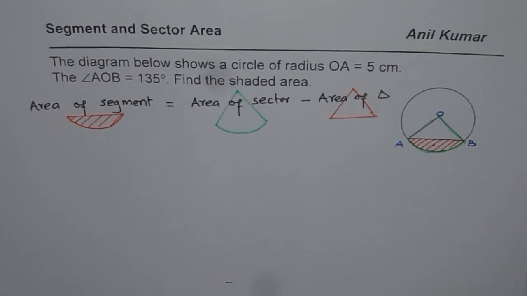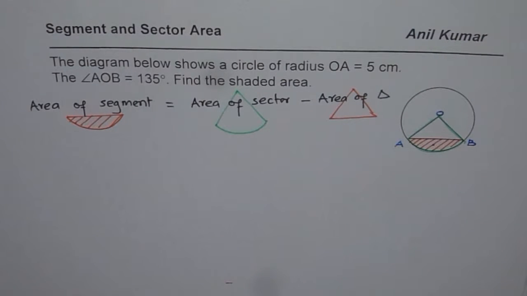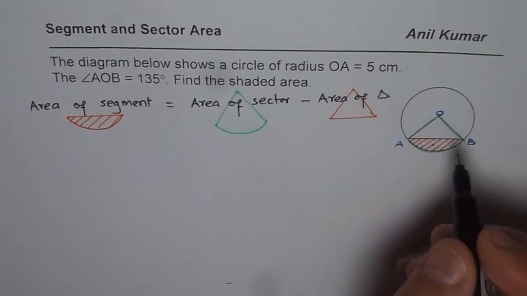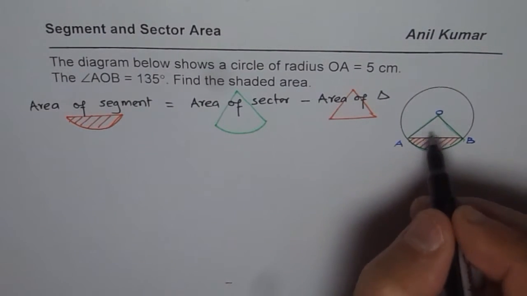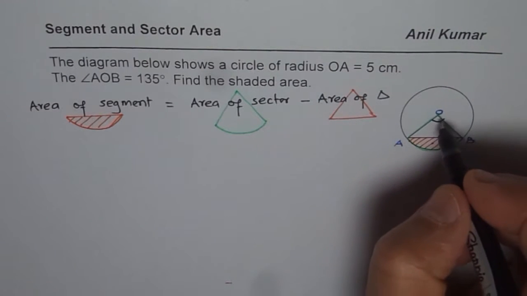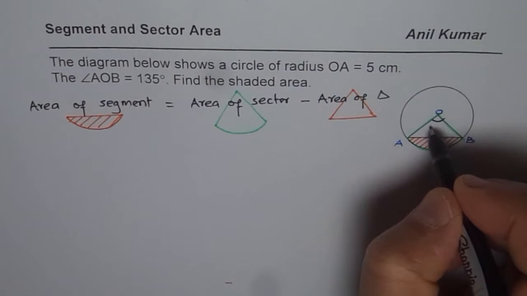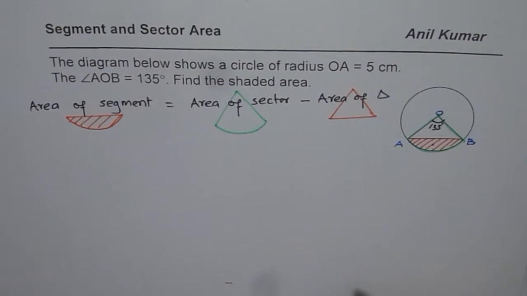In this particular case we are given the angle in degrees, so we'll work in degrees. Now let us find area of the sector first. Area of the sector can be found from the ratio of the total area of the circle. It's a part of that. Now here this angle is 135 degrees.